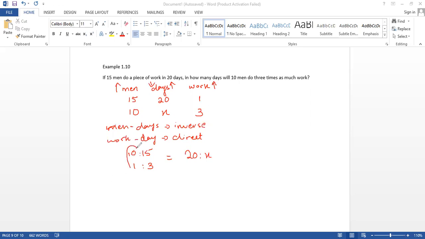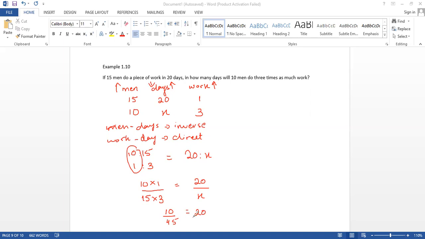I'll do the same thing: I'll multiply both of these values, 10 times 1 and 15 times 3. Because I have the ratio, I can write it in this form: 10:45 is equal to 20 divided by x. Now again, cross multiply. So 10 ones is 10, and 15 threes is 45.